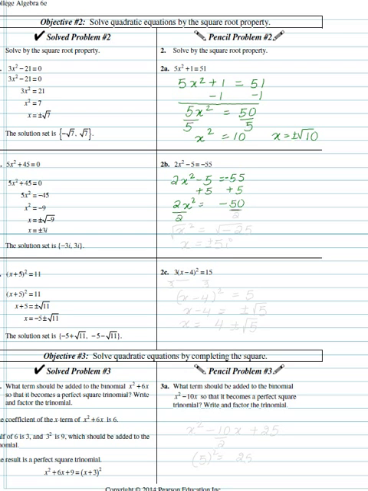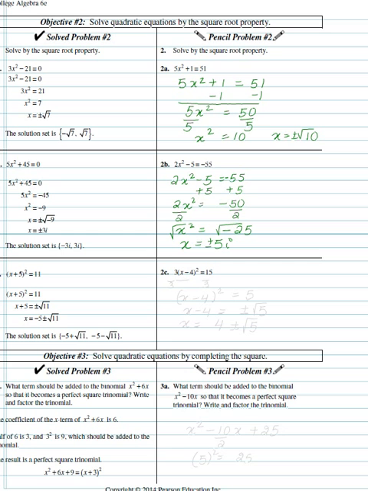Divide by 2. Divide by 2. I get x squared is equal to negative 25. I find the square root on both sides. So square root, square root. So I get x is equal to, remember, it's negative, so your answer has to be in i. So plus or minus 5i.